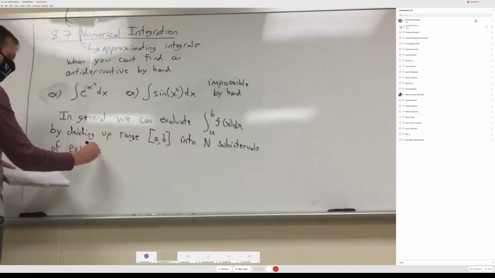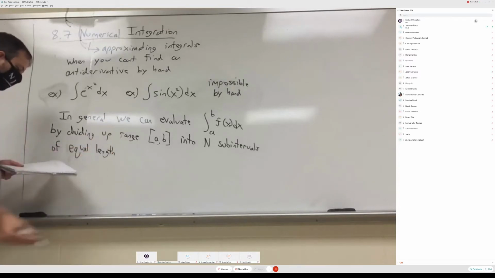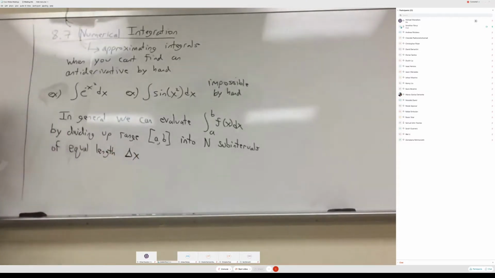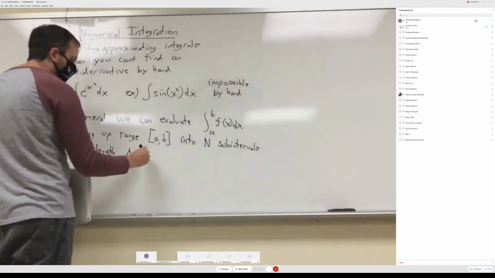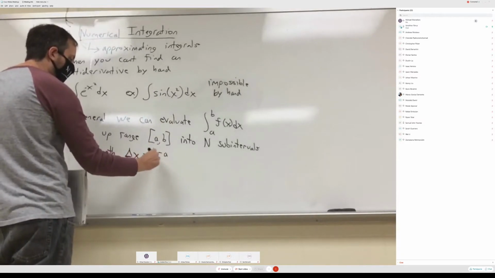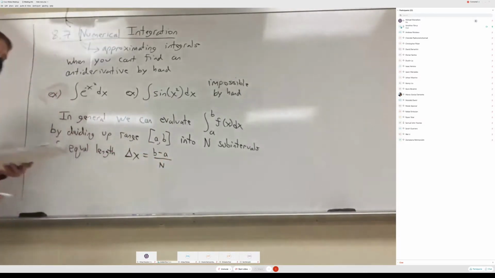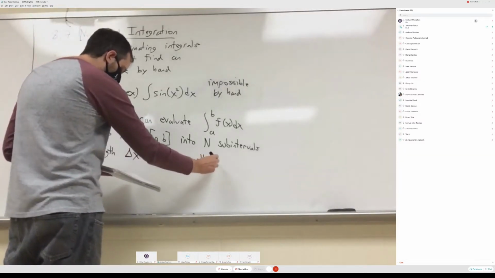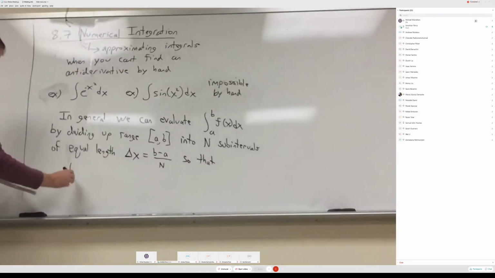So if they're going to be of equal length, then we know that that length, the delta x for each of the regions that we're going to divide it into, is just the range, b minus a, over however many intervals, so b minus a over n, so that, at the end of the day, we can approximate the integral from a to b of f of x dx.